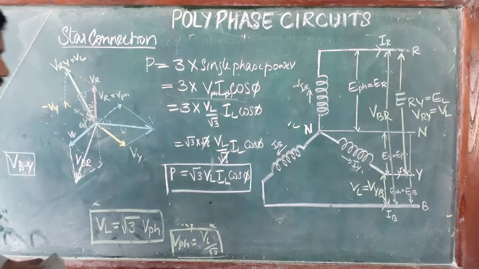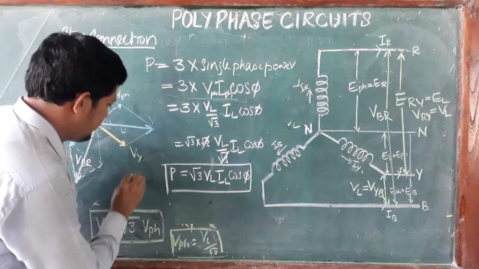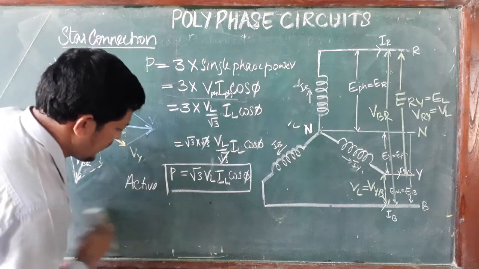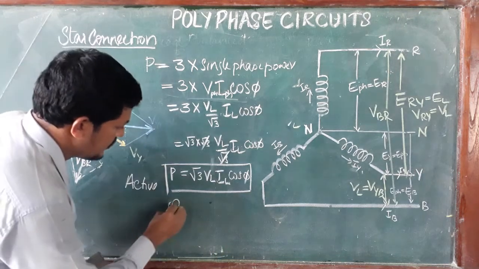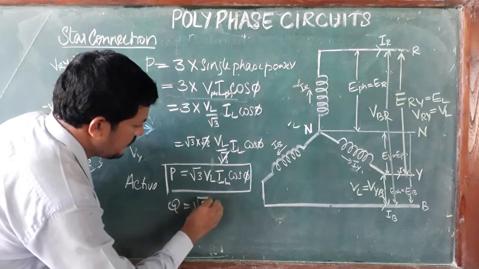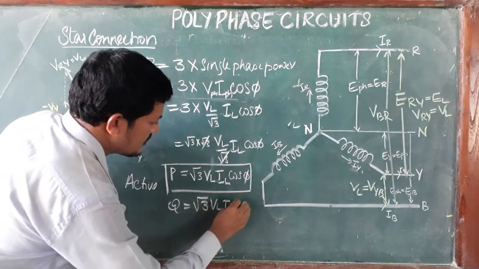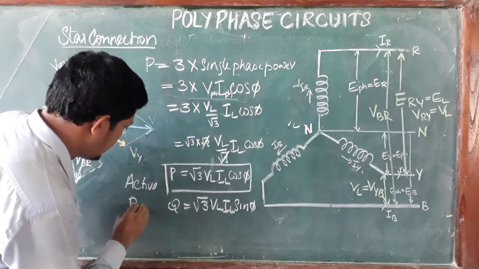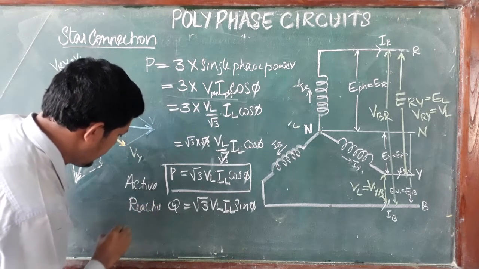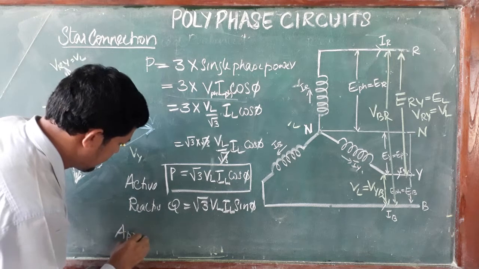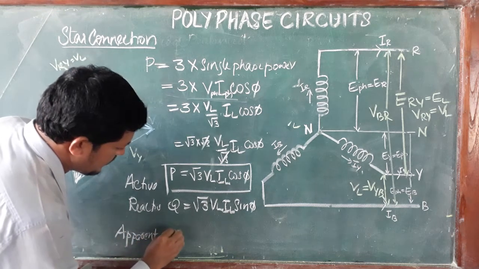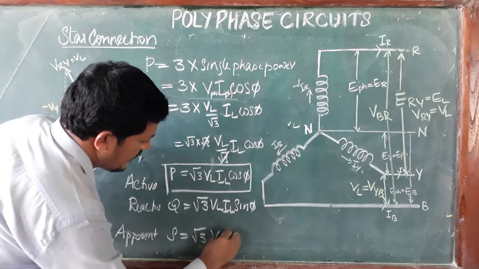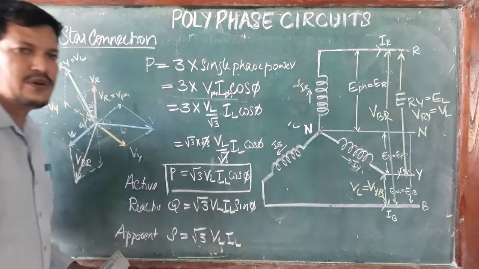Clear? So this is the active power. Next is reactive power. We know that reactive power is Q equal to root 3 VL IL sin phi. And apparent power S is simply root 3 VL IL, without sin or cos.